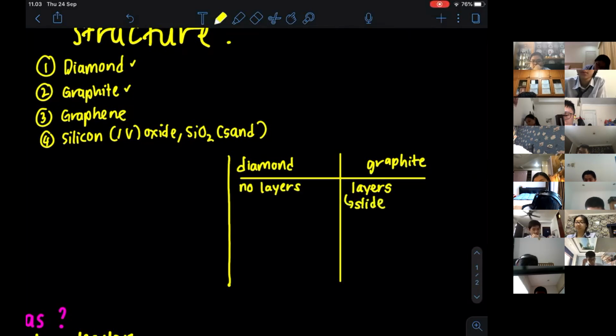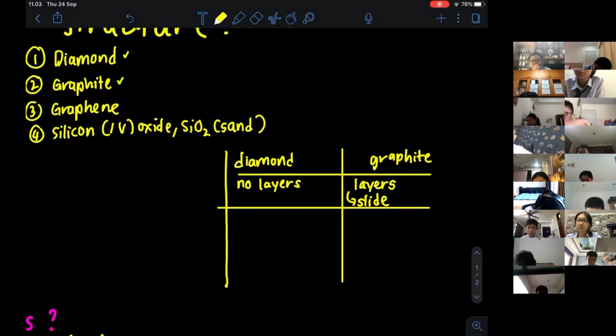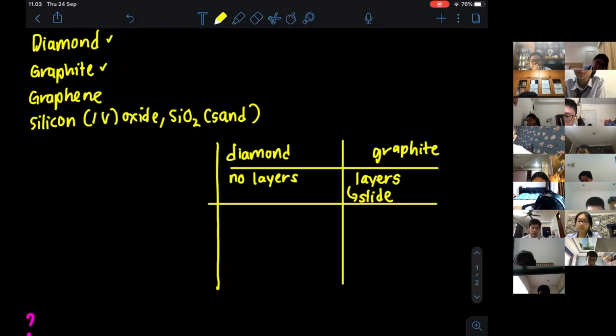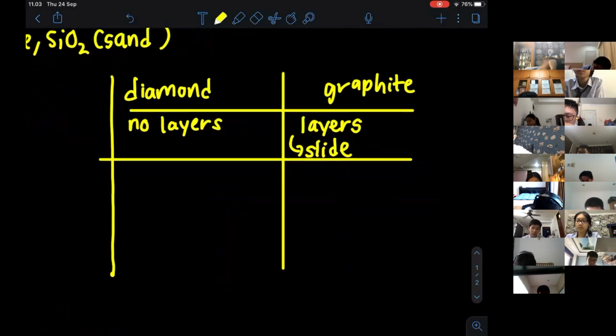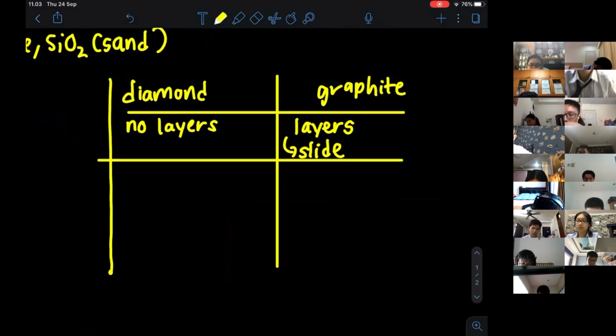So if they are sliding, what can you say about graphite? If the layers of graphite are sliding on top of each other, it will give rise to one important property that matters for its use as lubricants. So what is the important property?